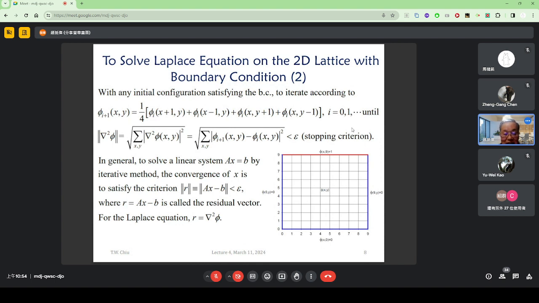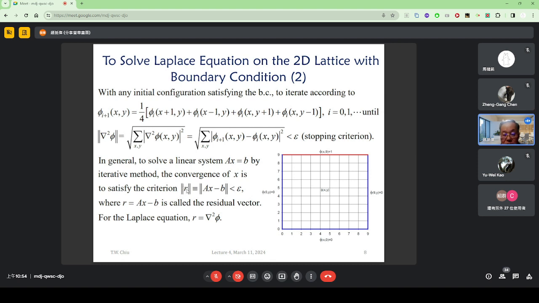Here I have more explanation about this norm. In general, to solve a linear equation Ax = B by the iterative method, the convergence of the solution vector X is judged by the residue criterion.